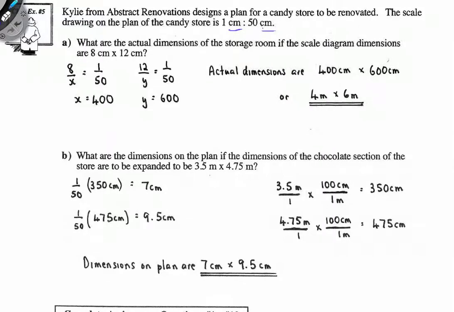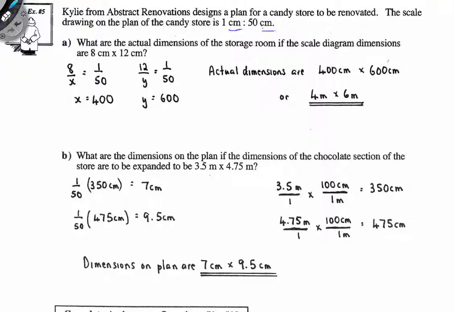Well, you can see the ratio is 1 to 50. So what will 8 become? 8 in the diagram represents what in real life, just as 1 centimeter on the diagram represents 50 in real life.